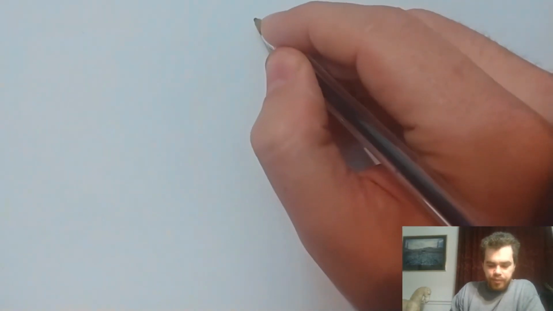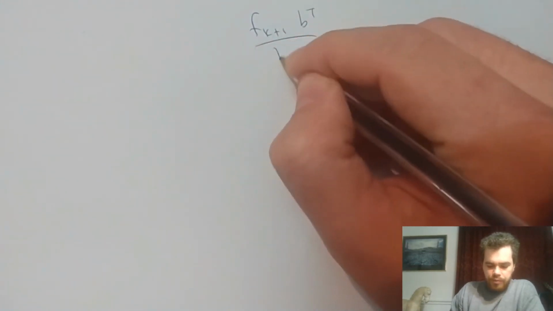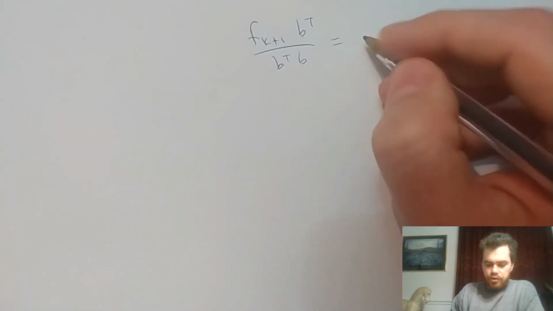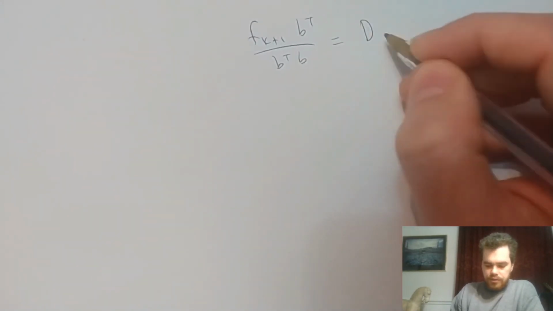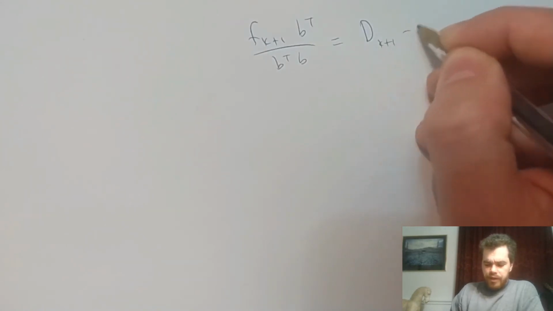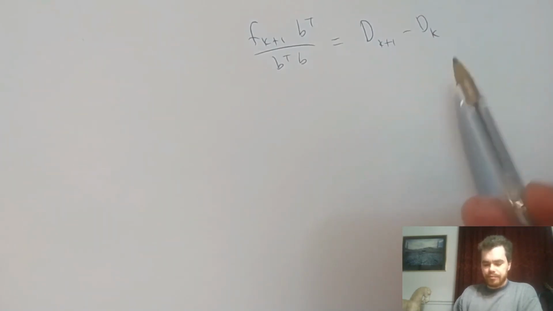Since that expression, fk plus 1 b transpose over b transpose b, is equal to the difference in our Jacobians, dk plus 1 minus dk, we can just rearrange this.